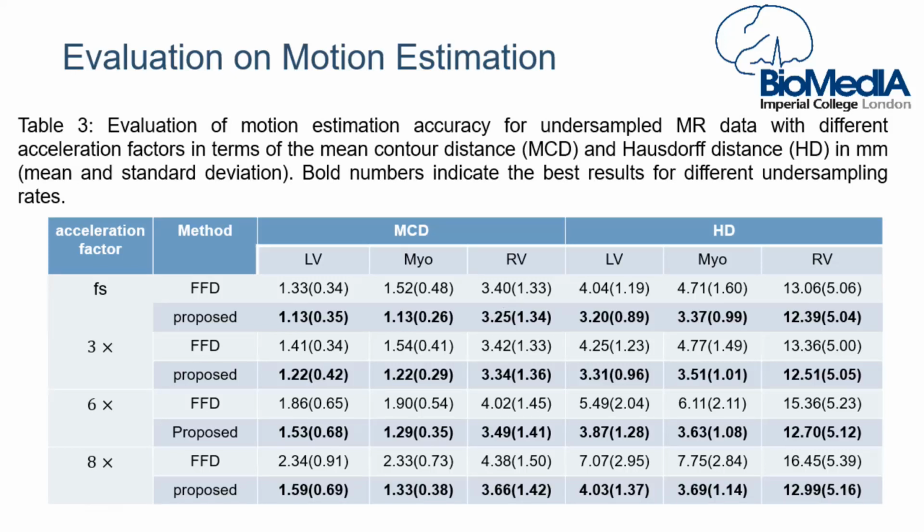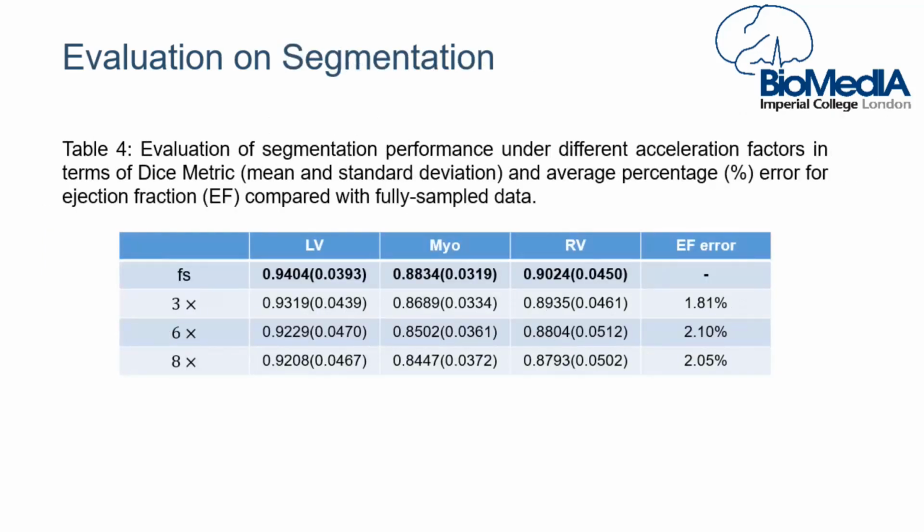Here we see that compared with the FFD, the proposed method consistently outperforms it. As the acceleration factor increases, the performance decreases, which is expected, but it is still very close to what we obtained from the fully sampled images. Similarly, we have the evaluation on segmentations, which shows a consistent conclusion with the motions.